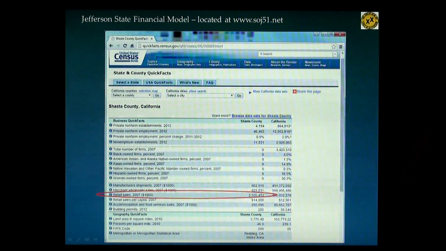We see $2.56 billion being spent. 8% of that would be the tax revenue garnered, and then 33% of that goes to the county of Shasta, and the residual 67% goes to the state of Jefferson. This is where Jefferson would actually get a majority of its funding.